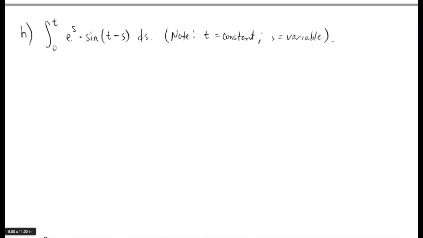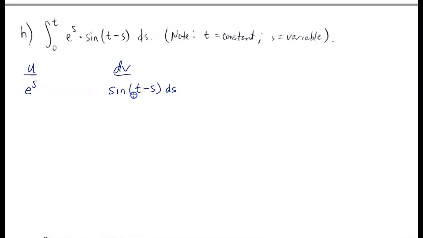But in this case, we're going to use tabular integration to do this because we have this circular type integration going on here. So what we're going to do is make our columns for u and dv. I'm going to say let e raised to the s be u, and sine of t minus s ds, where t is a constant, let that be our dv.